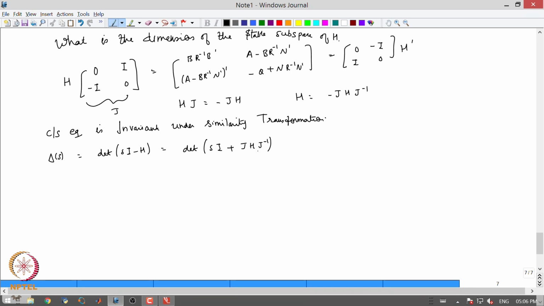Something is wrong here, there should be an H transpose here and here. This is also equal to the determinant of sI plus H transpose, because the characteristic equation is invariant to similarity transformation and also matrix transposition.